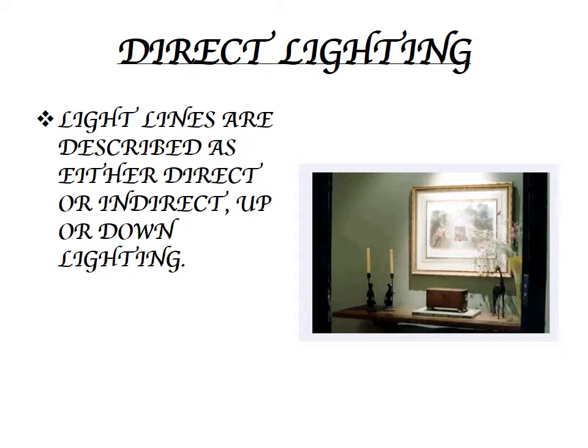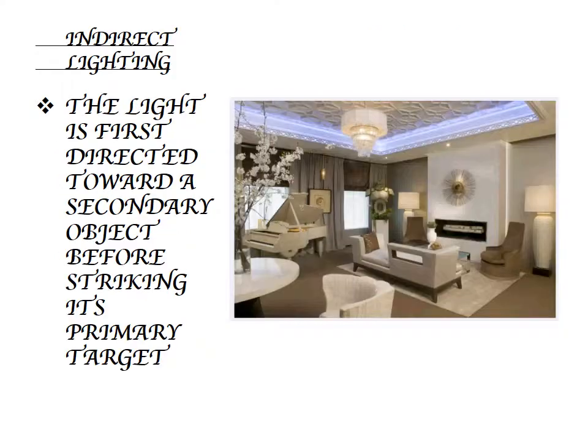We can see light lines are described as either direct or indirect, up or down lighting. This is an example of indirect lighting. The light is first directed towards a secondary object before striking its primary target.